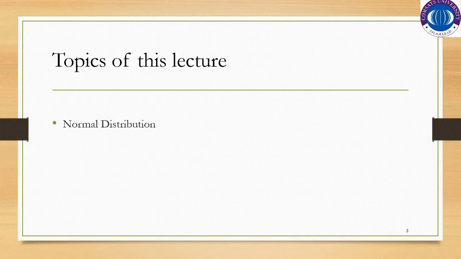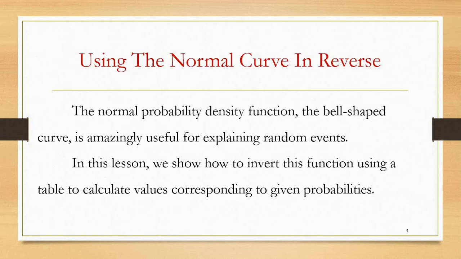We will continue with the topic normal distribution in this lecture too, using the normal curve in reverse. The normal probability density function, the bell-shaped curve, is amazingly useful for explaining random events. In this lesson, we show how to invert this function using a table.